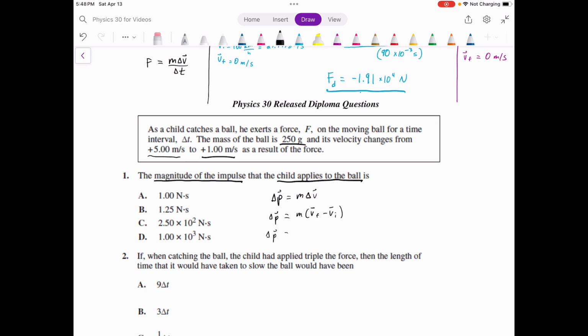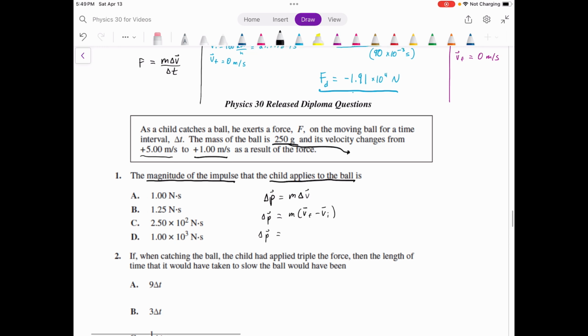So what is our mass? It's 250 grams. Be very careful though. We don't work in grams in physics. We work in kilograms. So 250 grams, there are 1,000. Whoops, got that backwards. There are 1,000 grams in 1 kilogram, sorry. So we need to divide by 1,000, right?